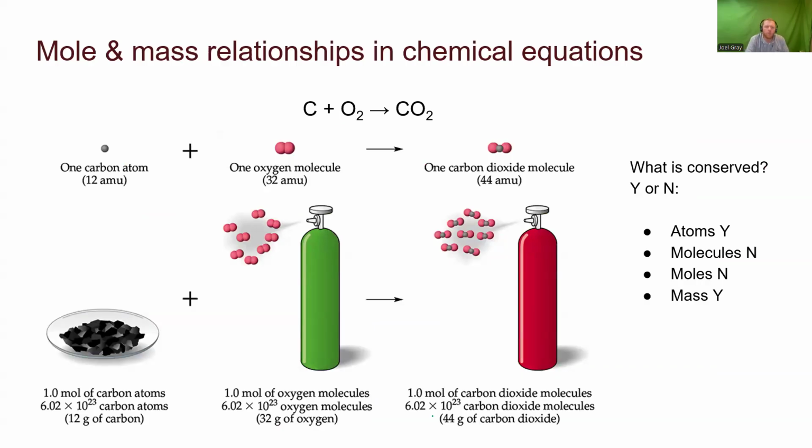Now, this is a good slide to show relationships. 1 mole of carbon atoms is 6.02 times 10 to the 23rd carbon atoms, which is 12 grams of carbon. 1 mole of oxygen atoms is 6.02 times 10 to the 23rd oxygen atoms.